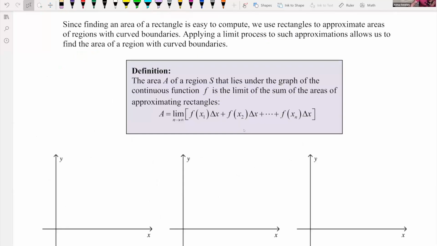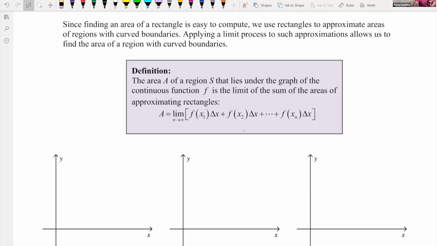So as we've already discussed, finding the area of rectangles is a relatively easy thing to compute for us. And as we've seen, we're going to use rectangles to approximate the areas under curved or with curved boundaries. And so we've already looked at this using GeoGebra.